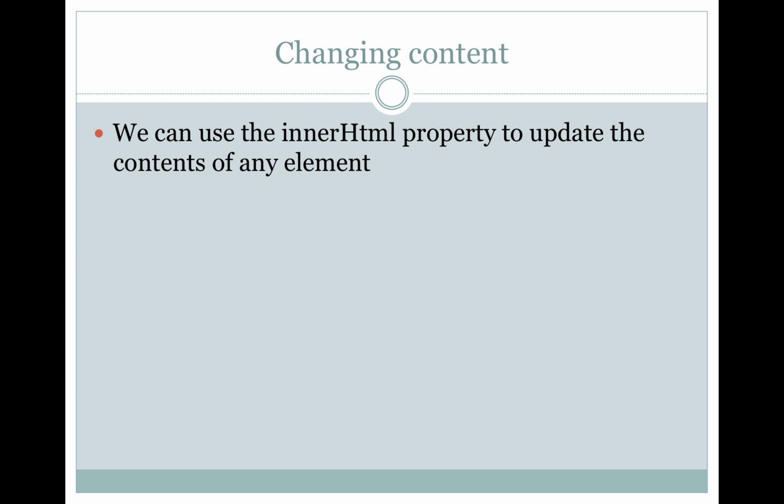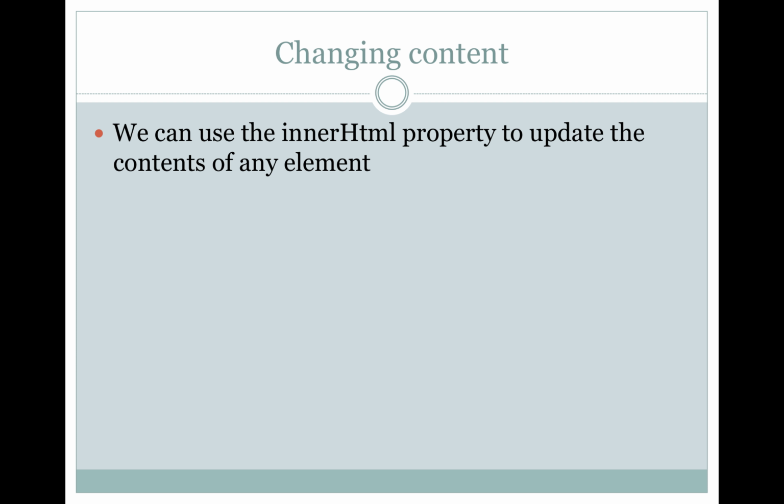Along the same line of showing and hiding elements, we also have the ability to update and change the content in pretty much all of our HTML tags. So if we have a table that may have a bunch of different tax data in it, we can update each individual cell of that table, as long as we know its ID or its class. And we do this by using the innerHTML property.